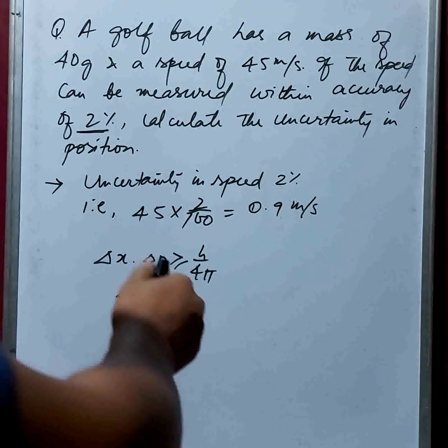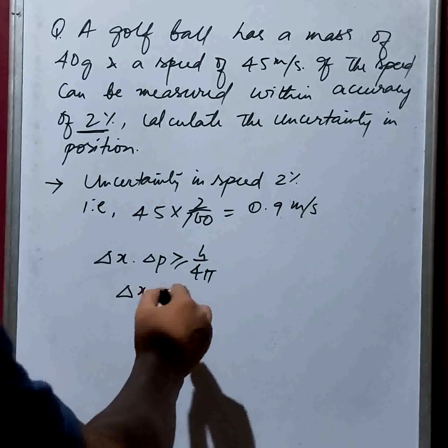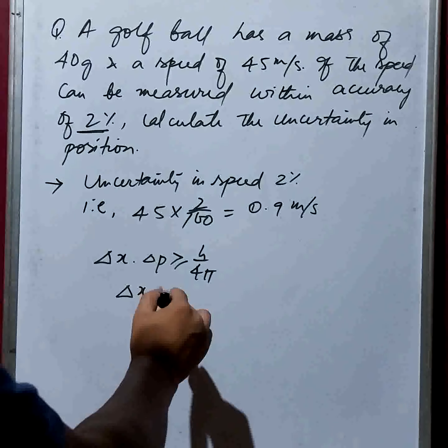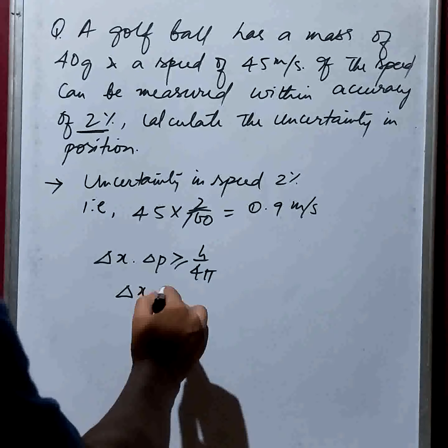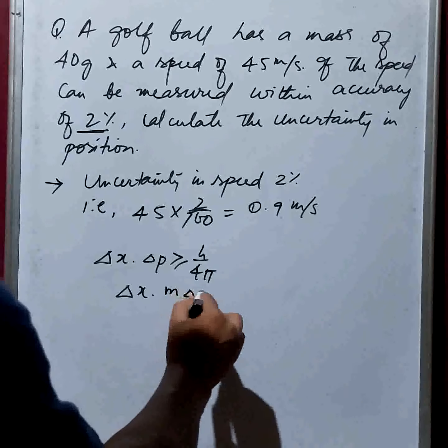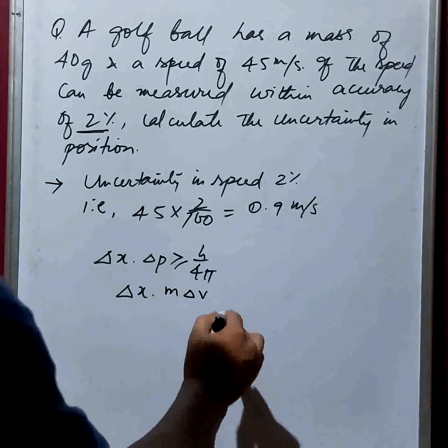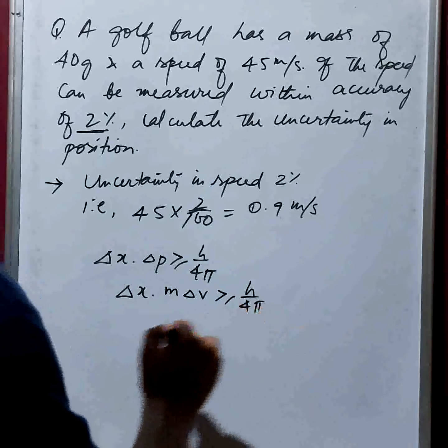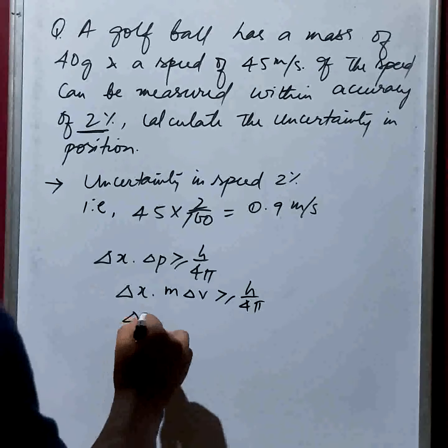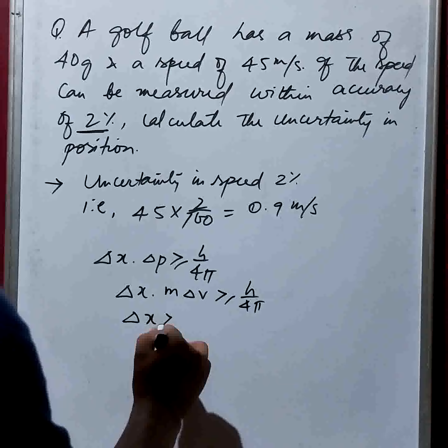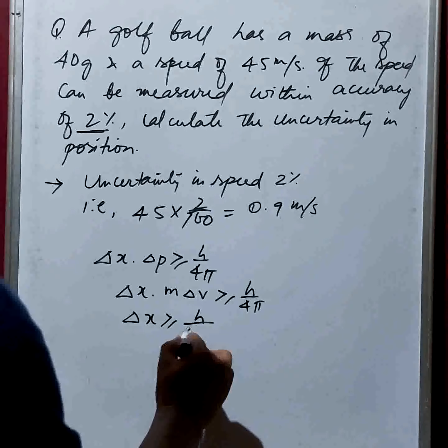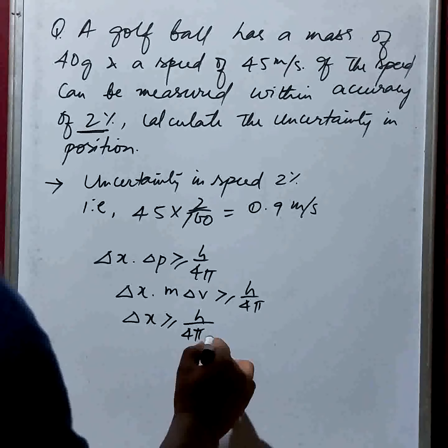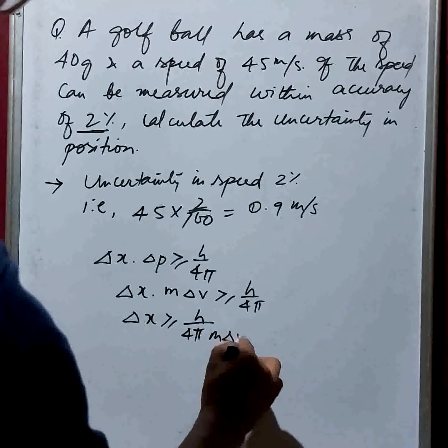Momentum is mass into velocity. Mass doesn't change, but velocity will change. So we can rewrite the equation, and our uncertainty in position would be greater than or equal to h, Planck's constant, over 4 pi m delta v.